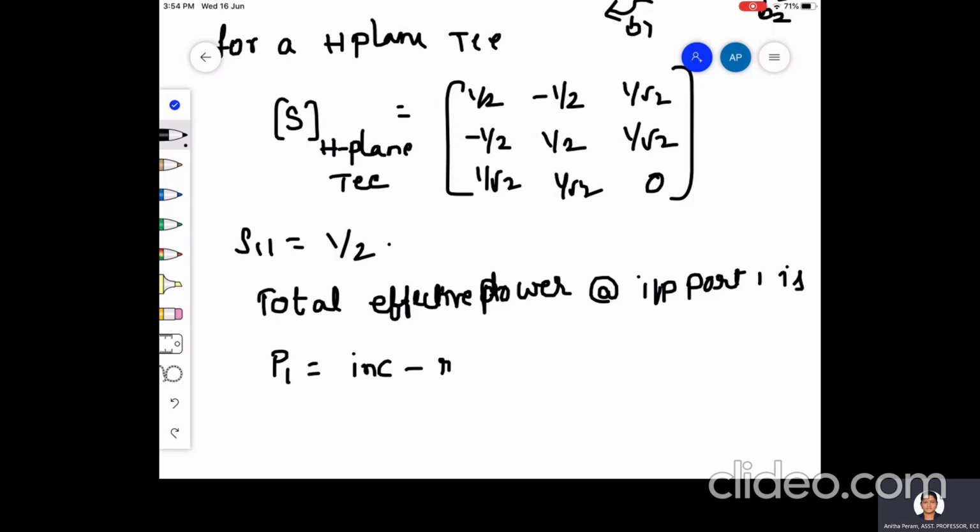You can express this in terms of A's and B's as half A1 square minus half B1 square.